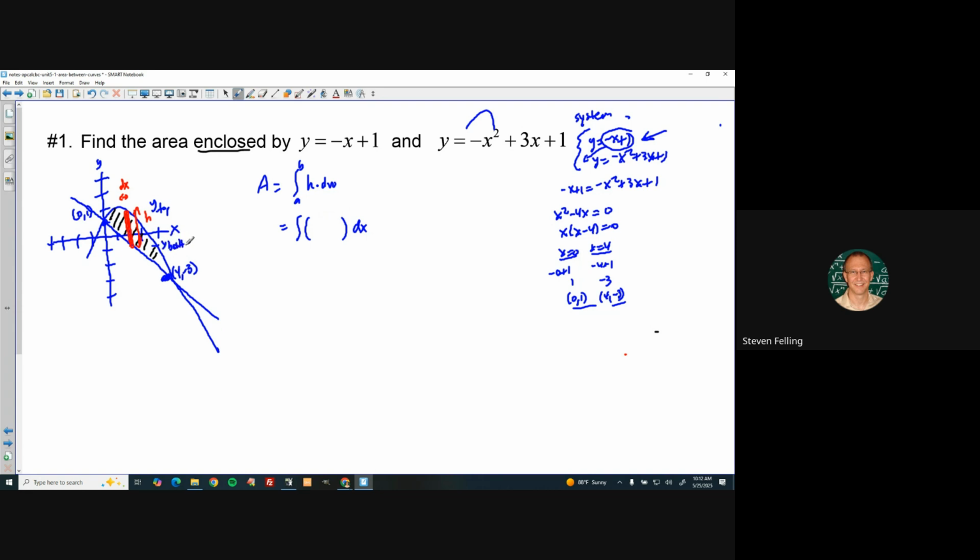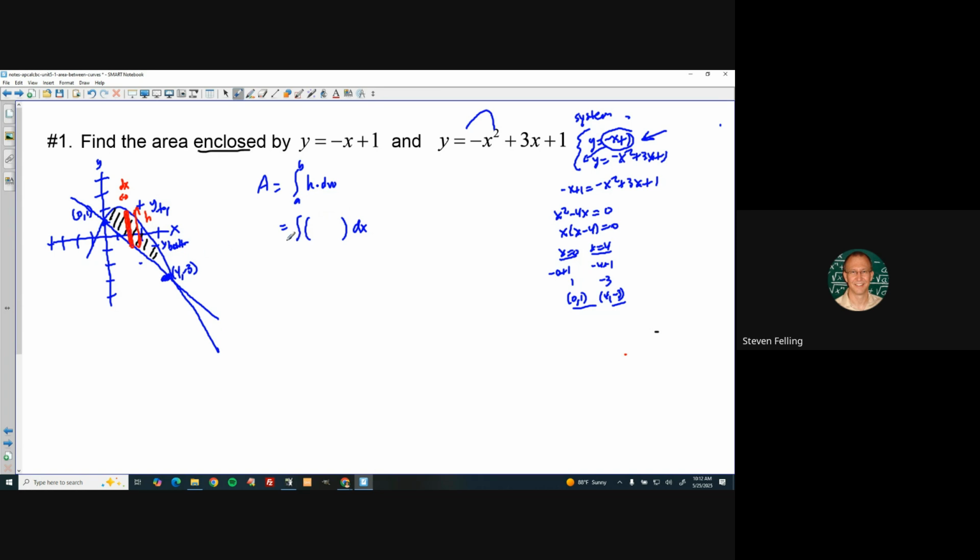The reason I'm saying y's is because this h is moving in the y direction, so I have to have a y where this starts and a y where this ends. You can talk about it like a floor and a ceiling, or a top and a bottom. But for this to be positive, we have to take the more positive value and then the more negative value. So the more positive value here is this function right here, and that function is the curve.